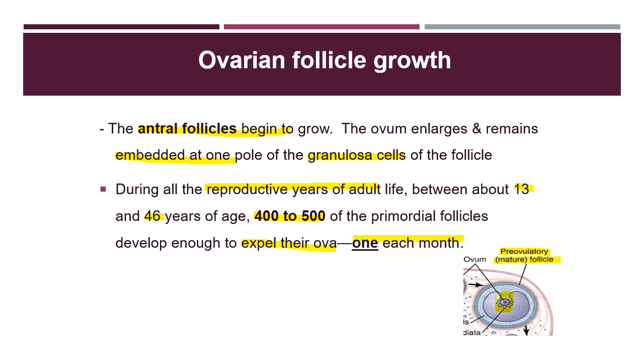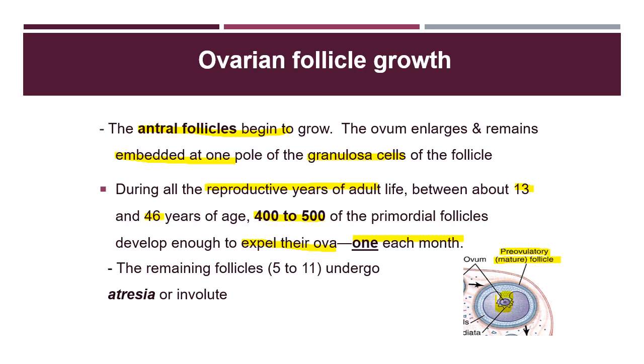So from the 1 to 2 million primary oocytes or oogonia in the female baby, only 400 to 500 will succeed to be ovulated. The rest are going to disintegrate or undergo a condition that is called atresia or involution.